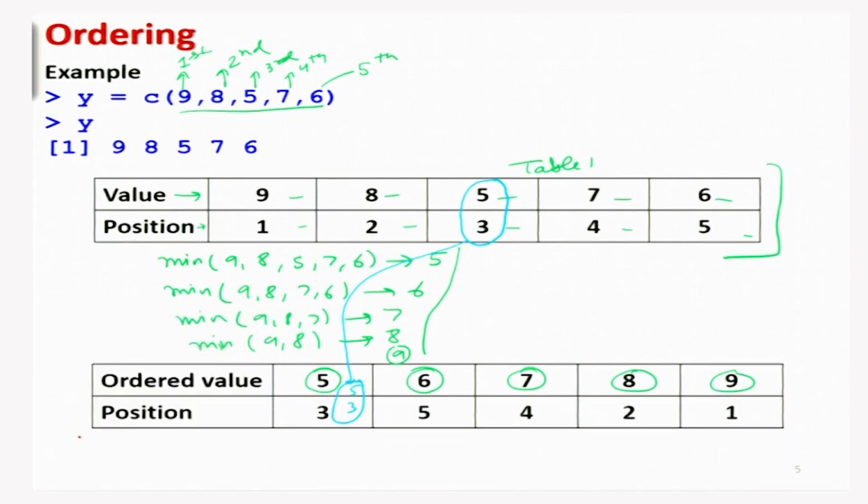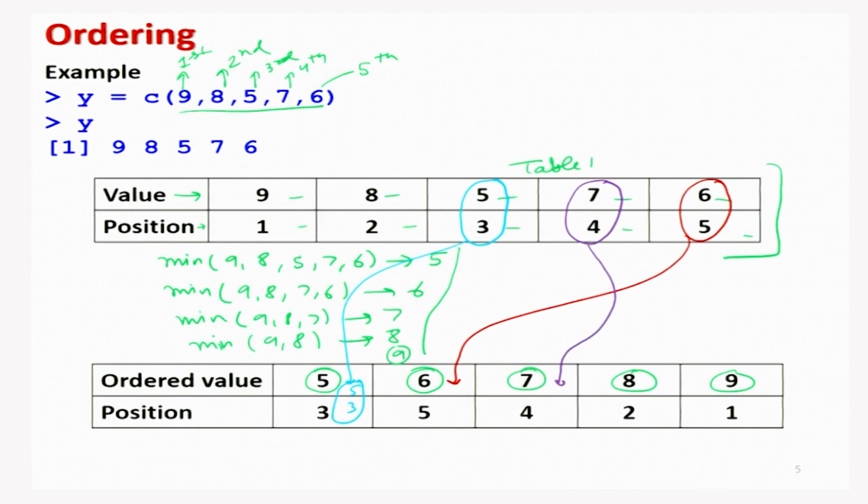After this, for my next value, 6, I go to table 1, pick it up, and bring it here along with its position. Then I pick up the third value, 7, and its position, and bring it here.